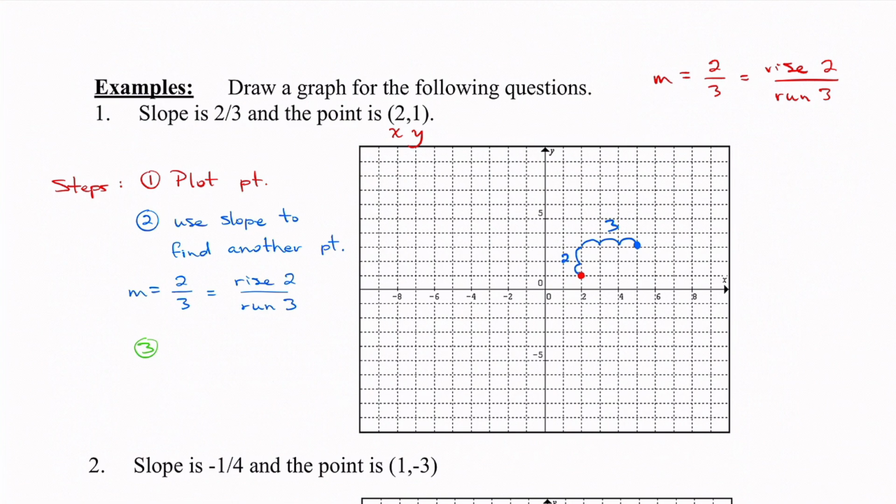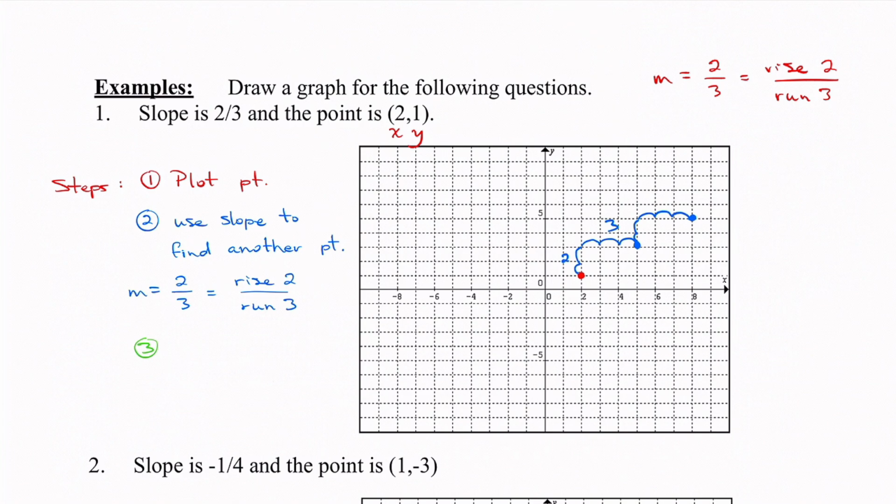I've combined steps 2 and 3 from the previous page. You can continue to do that. You could rise another 2, and then run another 3, and get another point. But really you only need 2 points to do this.